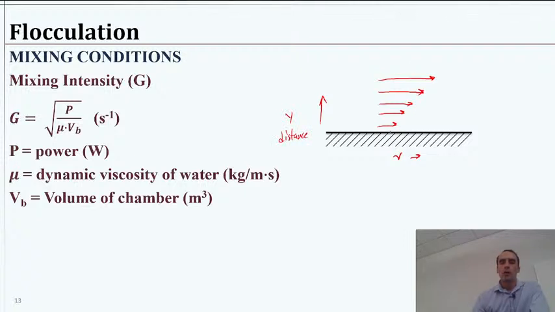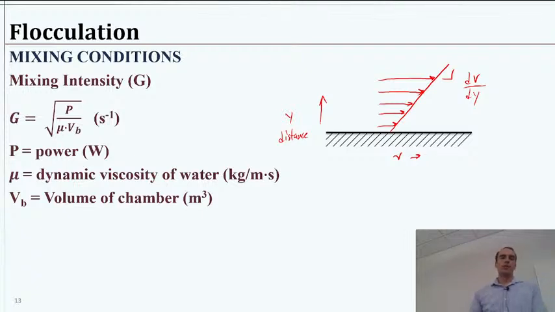So we can then draw some gradient and say the slope here is dv dy. So that's the change in velocity per change in distance away from the surface. Okay?